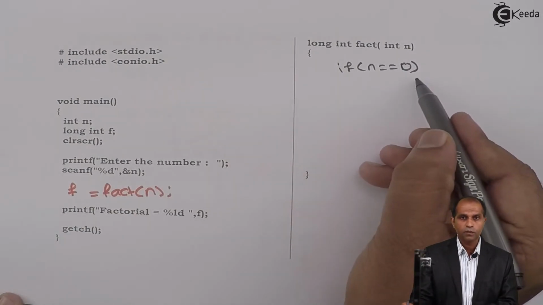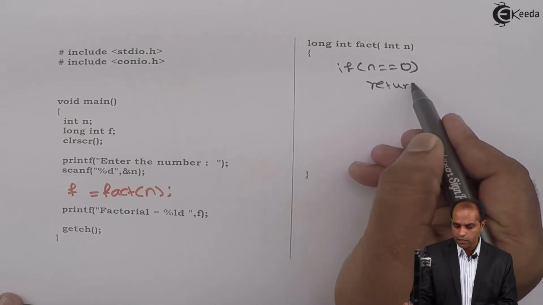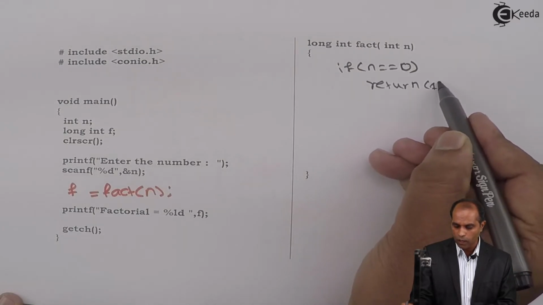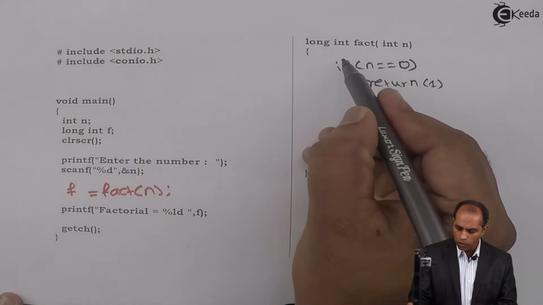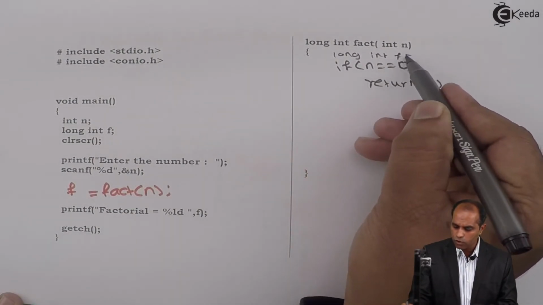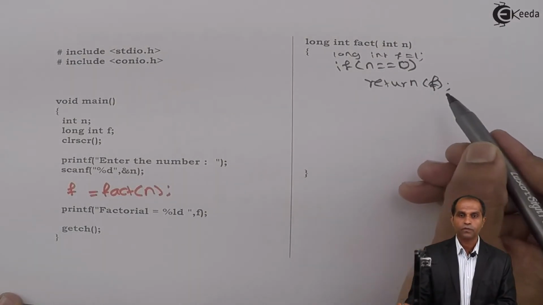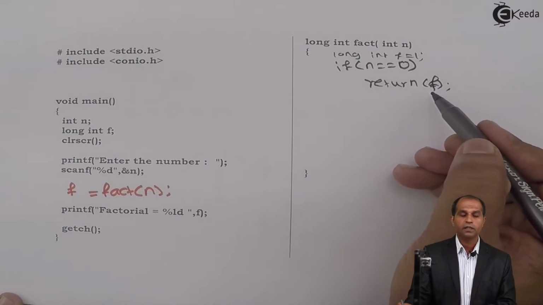Is this number 0? If you say yes, then you will say the answer is 1. I'll say return 1. Or what I'll do is, I'll declare a variable as long int f equals to 1, and here I can say return f.